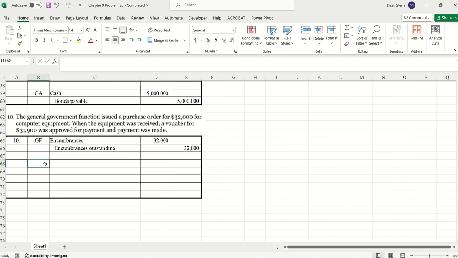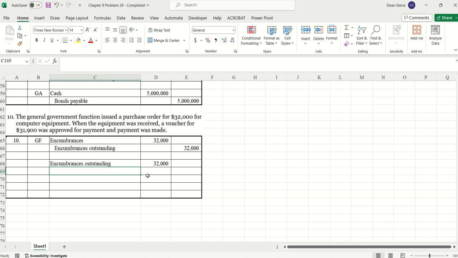Okay, but now we have to record the disappearance of. We're basically going to reverse this right here. Okay, so we're going to have our encumbrances outstanding for 32.